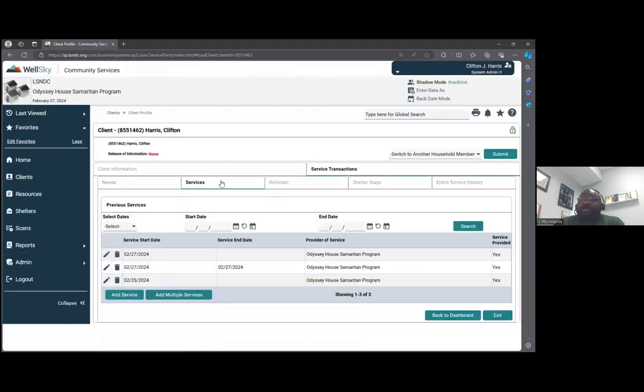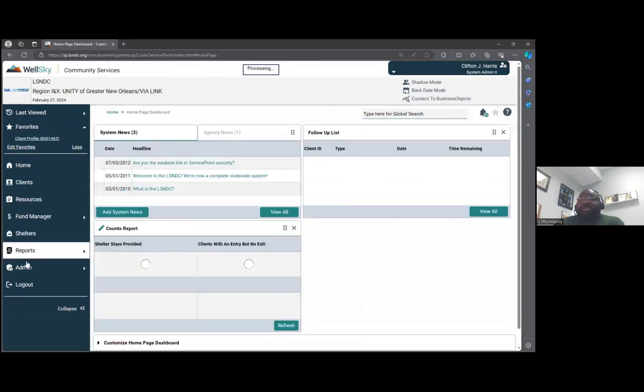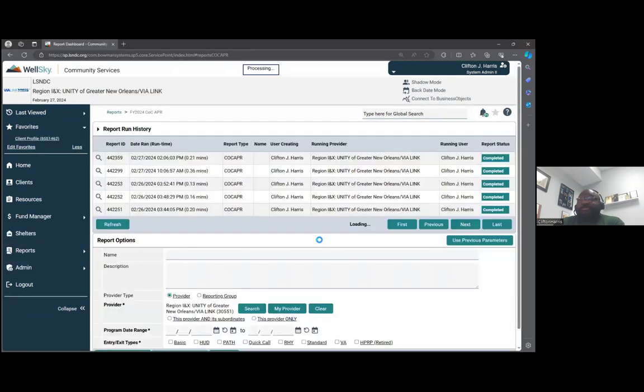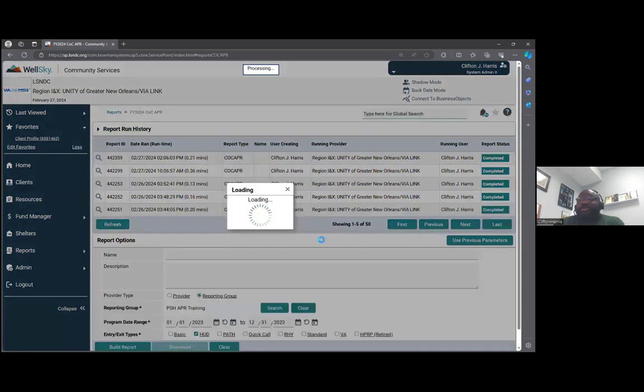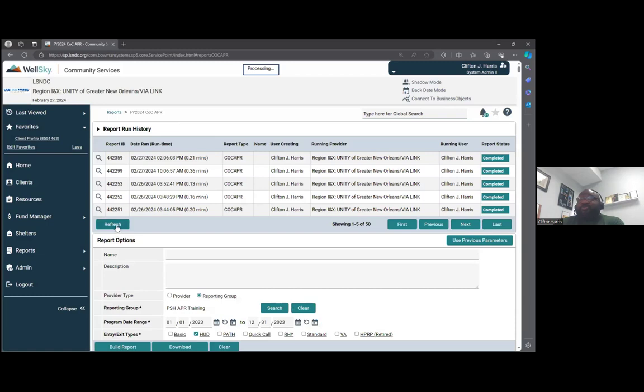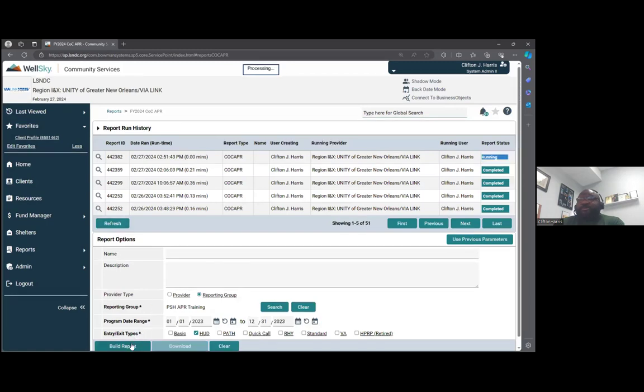Okay. And then this person obviously is not going to be in the data because I'm not in the Samaritan program. But when we refresh the report and rerun it, it's not going to pop. I hope it doesn't populate the ones I just did.